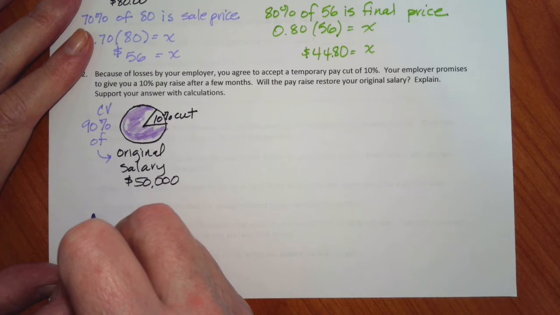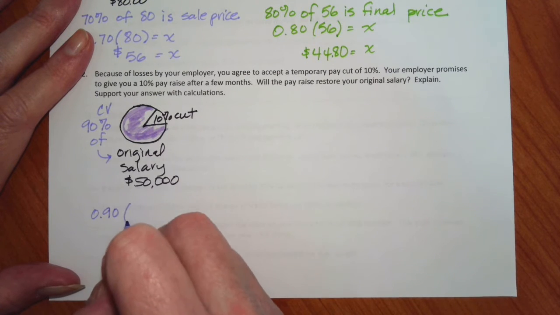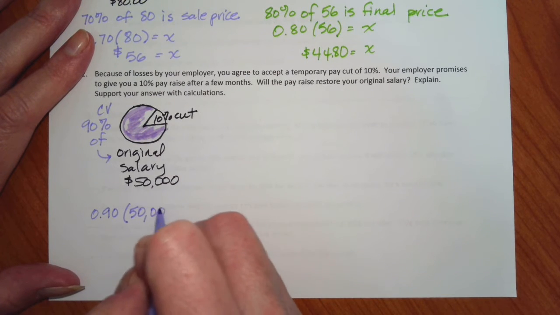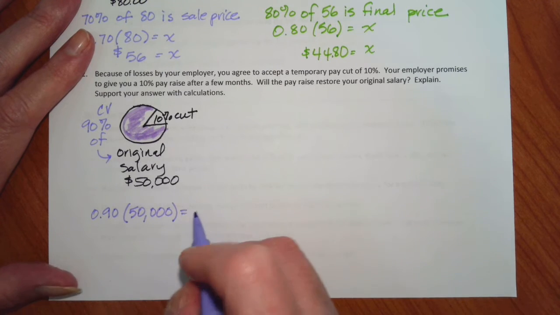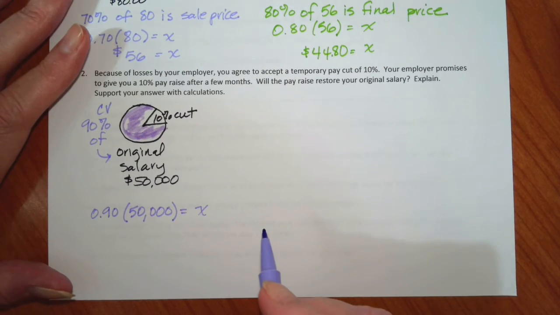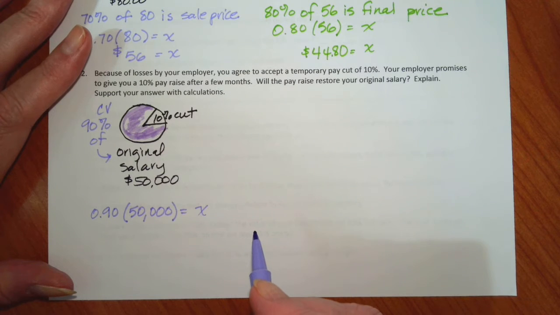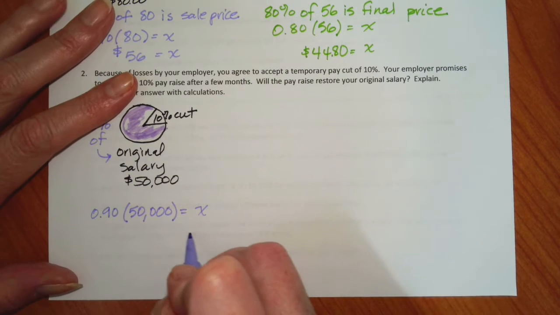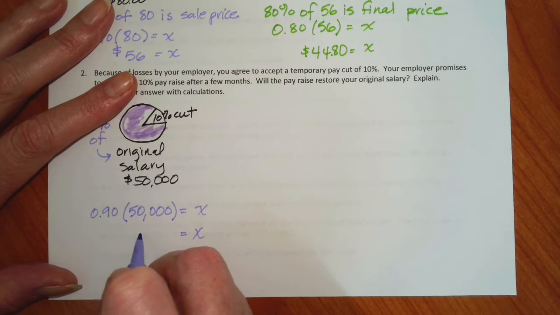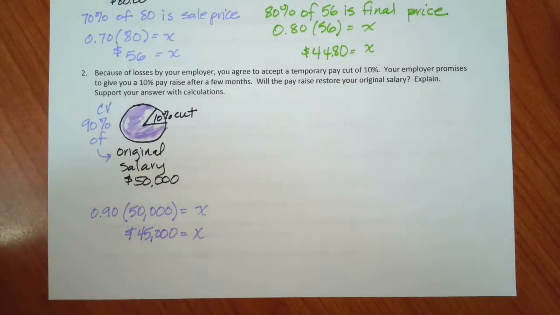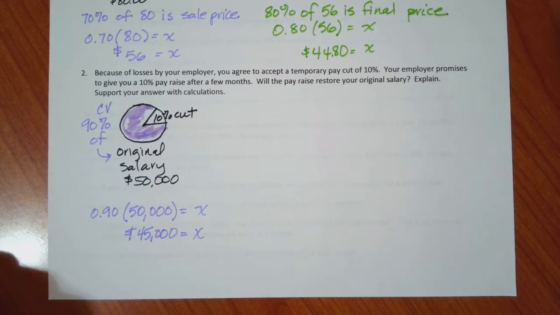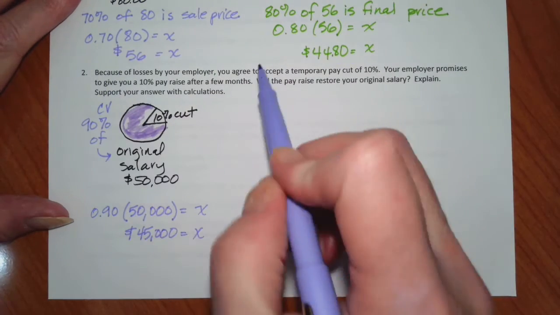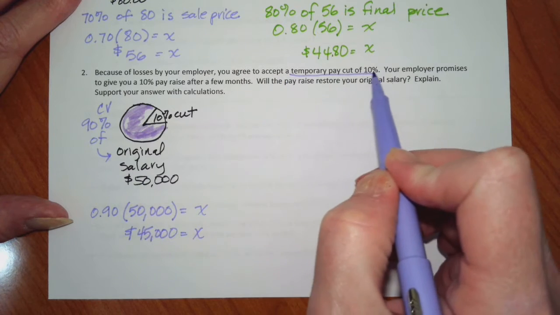So we have 0.90 of our original salary is our new salary. So our new salary is $45,000. Okay, so that takes care of the temporary pay cut of 10%.